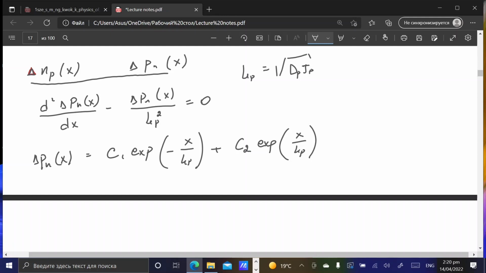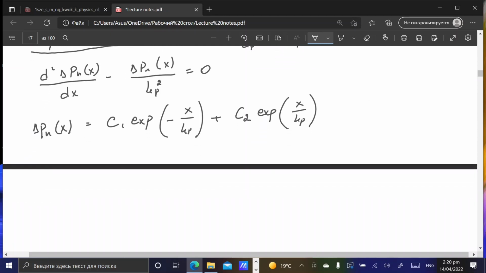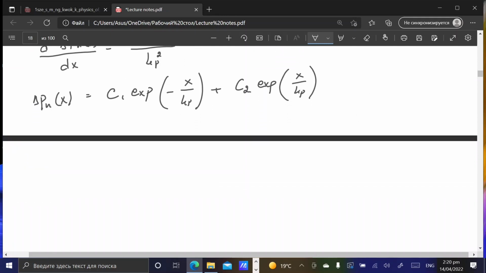That we know from previous discussion, where we solved this differential equation step by step. So now this is the general solution. We need to solve it with respect to our particular case, so we need to determine these constants C1 and C2.